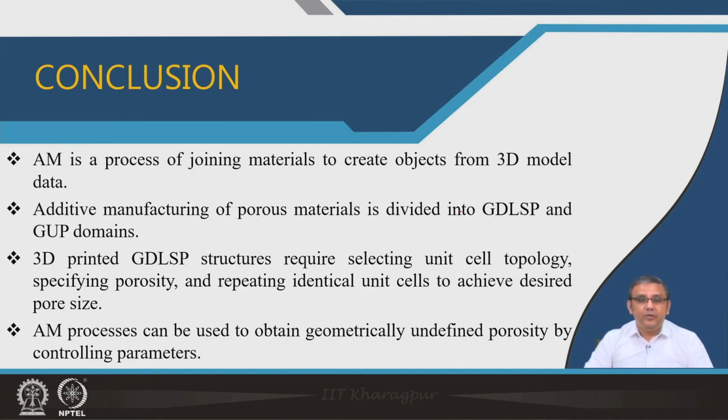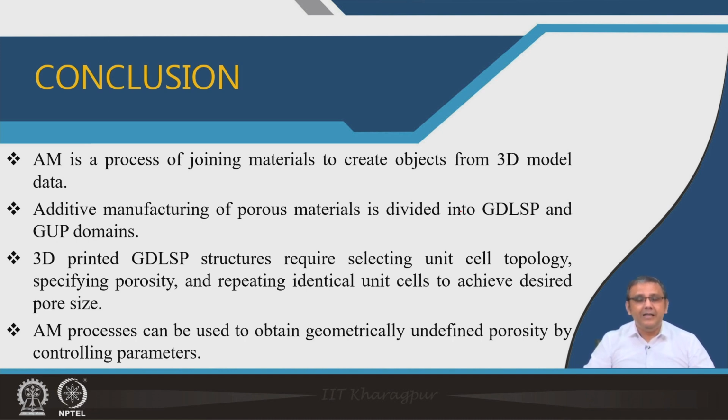So, to conclude, we learned that additive manufacturing is a very powerful technique for fabricating porous materials, as it is also used for other bulk materials. For porous materials, additive manufacturing techniques can be classified into GD-LSP, or geometrically defined lattice structure porosity, which is the design controlled porosity, or GUP pores, which are the geometrically undefined porosity or the process parameter controlled pores.